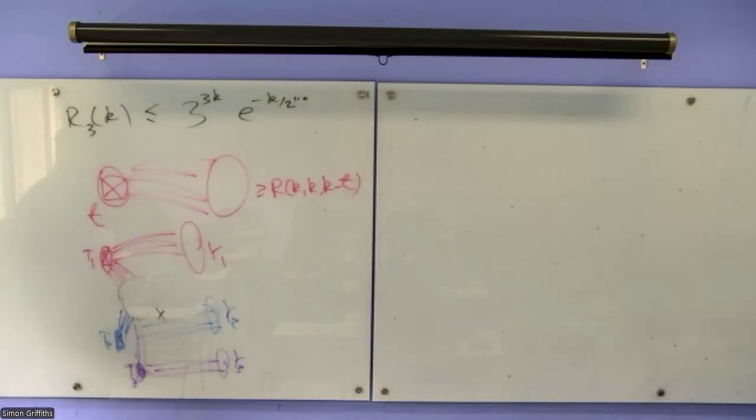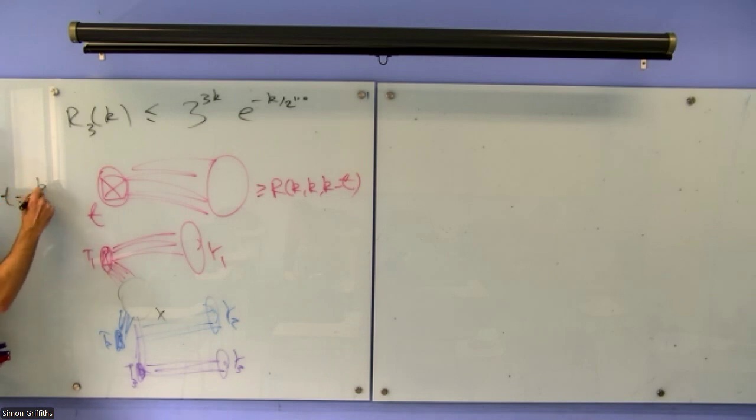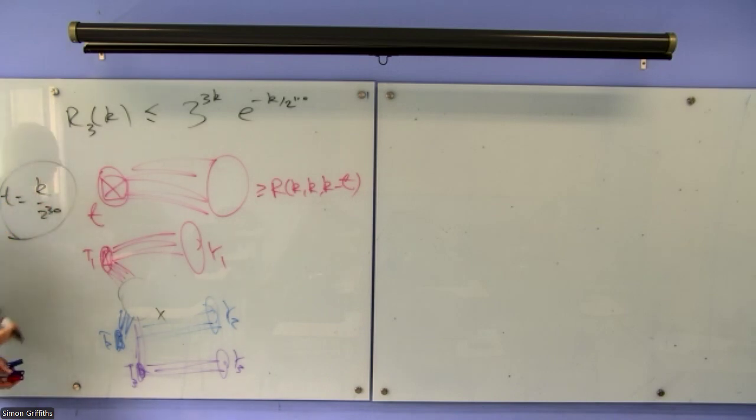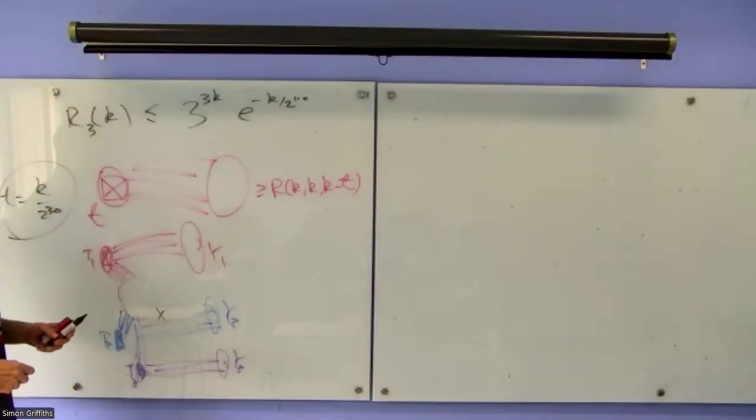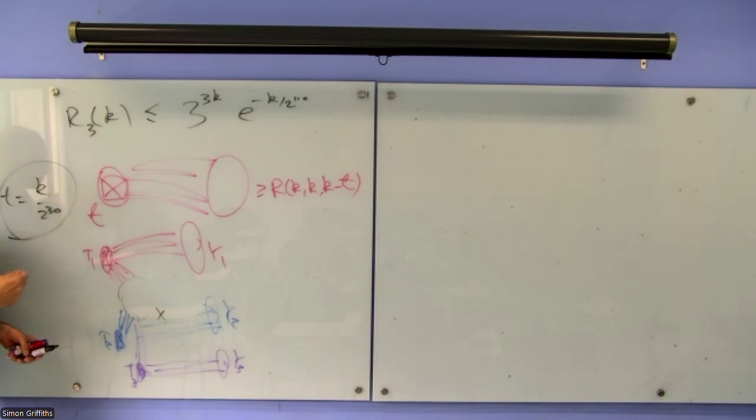A priori you can do this for any T, but it's useful to fix a value of T. In fact, it will be K over 2 to the 30, and we'll prove it for this T. Right at the end of the class, after we've completed the proof, we can have a little discussion of some of the choices of constants.